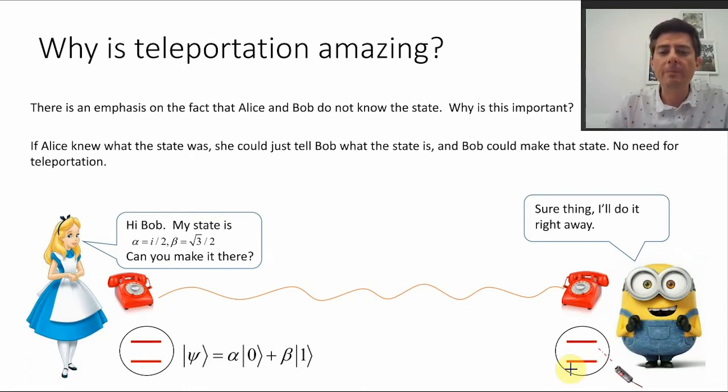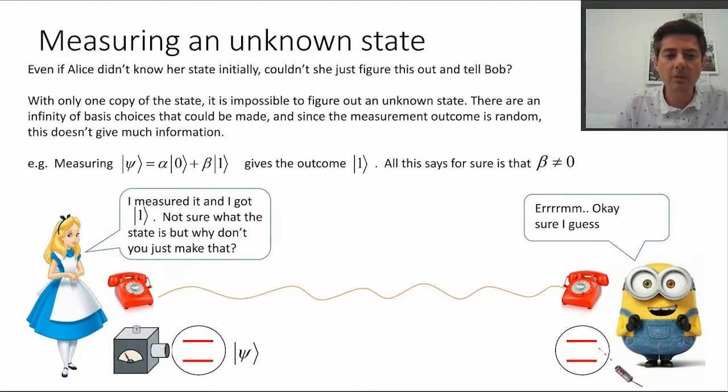It defeats the purpose; if you know what the state is, then it's not really necessary to do the teleportation. So it's more interesting if Alice happens to not know what the state is. So okay, fine. Say Alice doesn't know what the state is.